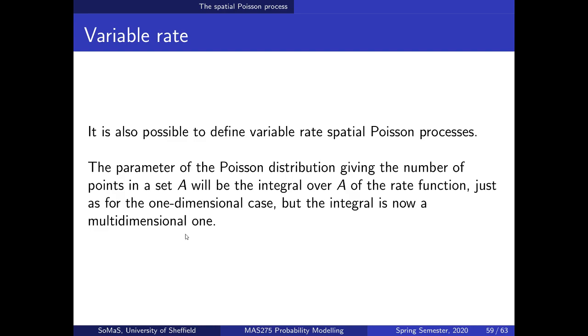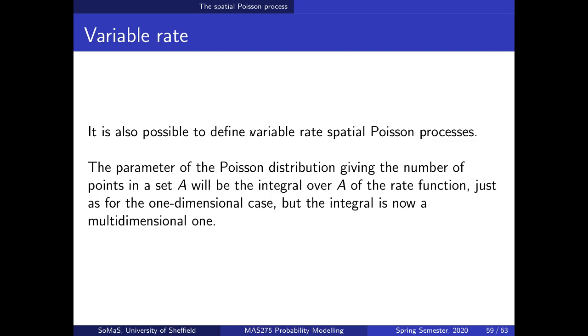One more thing. Again, we can use variable rates also in spatial Poisson processes. And again, it's the same thing. Replace the measure of anything by the integral of the rate function over your space.